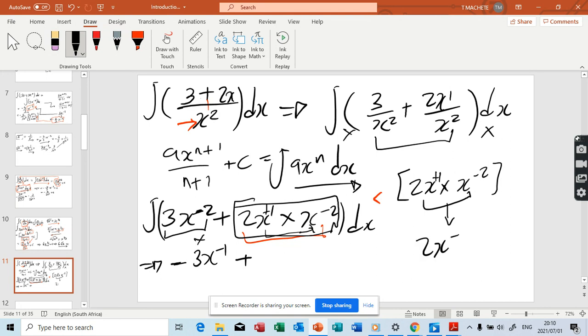Okay, so you're saying this is 2 to the power minus 1 before integrating. So when you integrate this, you're gonna get 2x to the power minus 1 plus 1 over minus 1 plus 1.